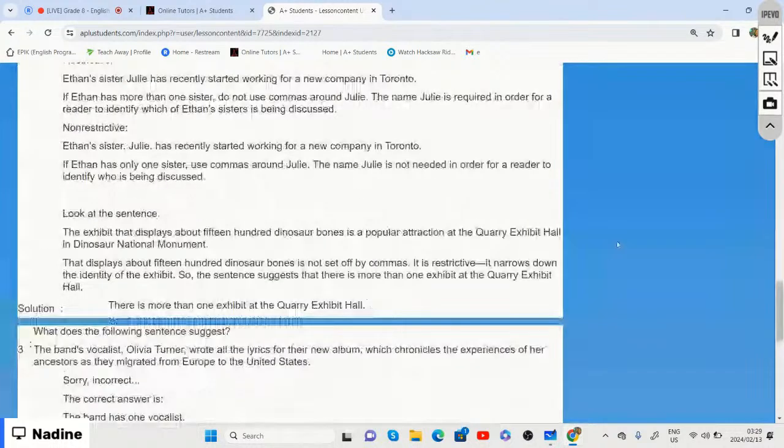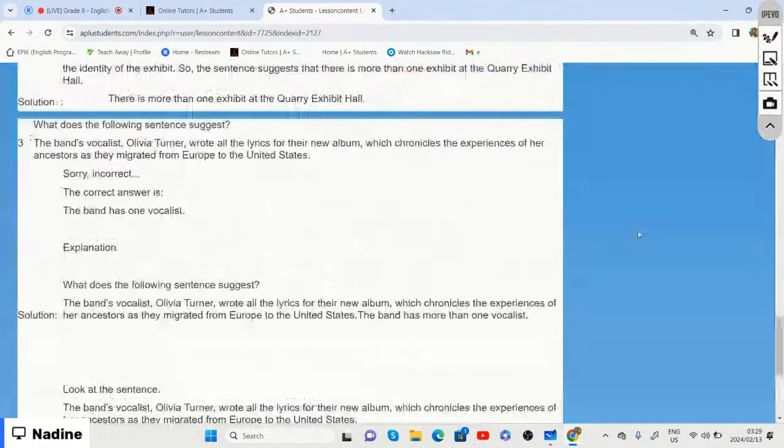All right. So before we go to our test, it says, what does the following sentence suggest? The band's vocalist, Olivia Turner, wrote all the lyrics for the new album, which chronicles the experiences of her ancestors as they migrated from Europe to the United States.